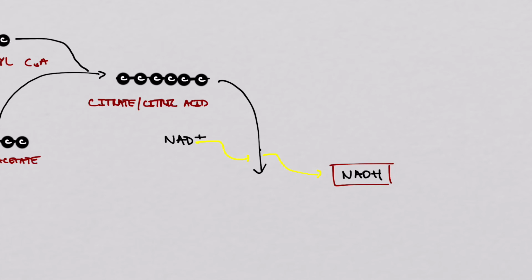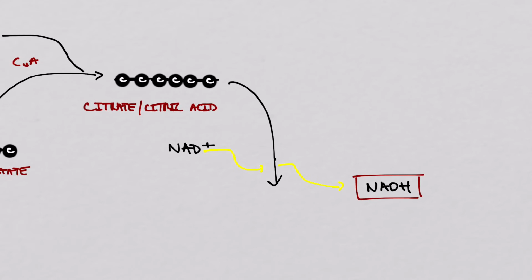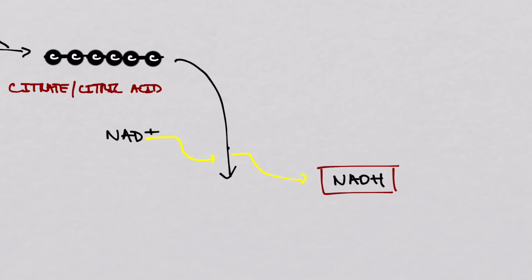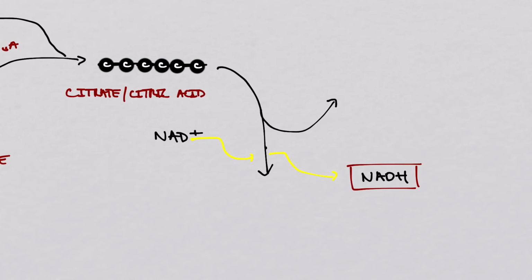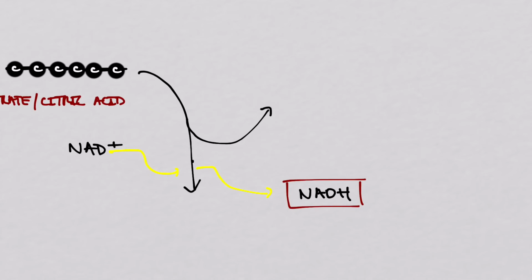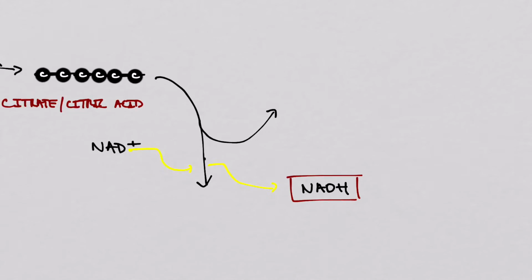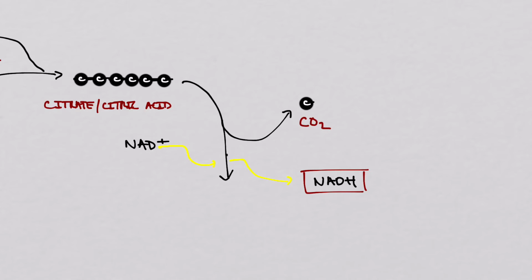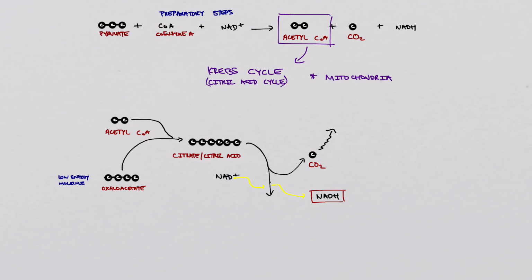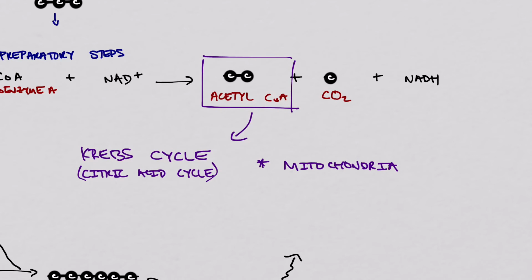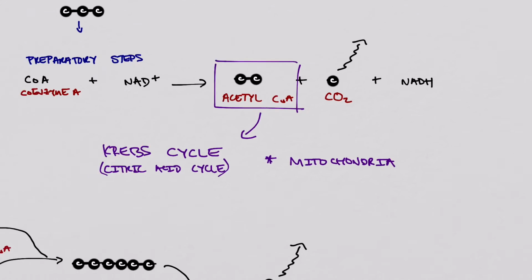And in this process, as this citrate is being oxidized and NAD plus is being reduced, we also break citric acid apart and a molecule of CO2 is released. And this will be exhaled, just like this CO2 here also will be exhaled.